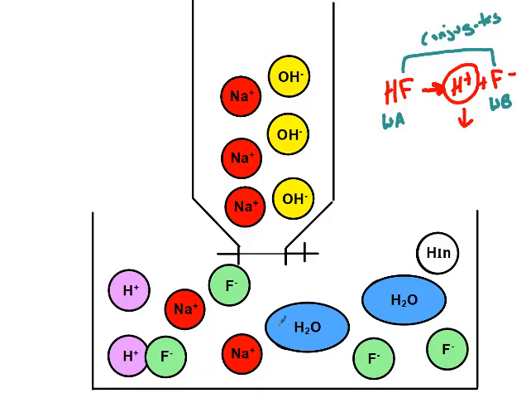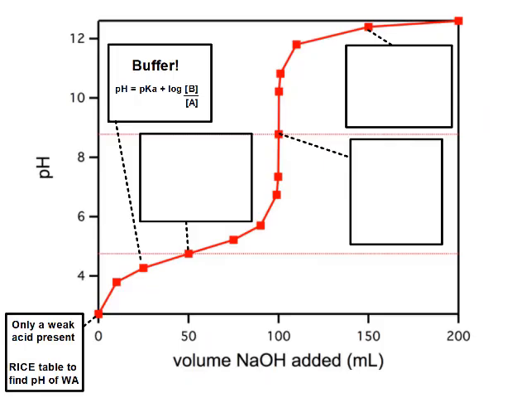At this point, we've neutralized half of our acid. And since we've neutralized half of our acid, we have a buffer still, but we're halfway to equivalence because we started with 4 acids. Now we only have 2 acids left. So we're halfway to equivalence. So pH will equal pKa because I have equal amounts of acid and my conjugate base.